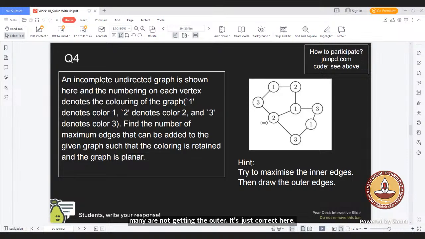So try to work on that again. Only one got the correct answer.